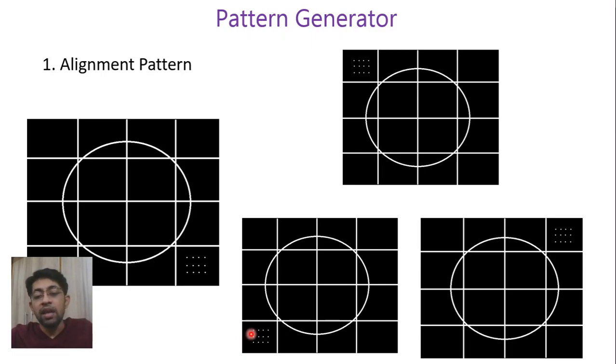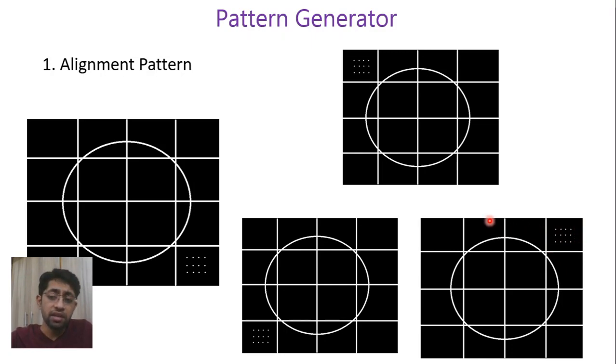So by the position of this group of dots towards the left, one can predict the polarity of current in the horizontal deflection coil. Similarly, if these dots appear on the top right instead of the bottom right, one can predict that the polarity of the current flowing through the vertical deflection coil is reversed.